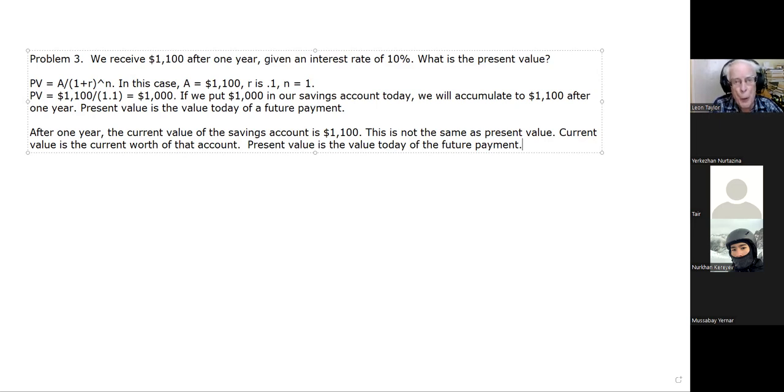Okay, so far on problem number 3. I think this problem is truly straightforward.